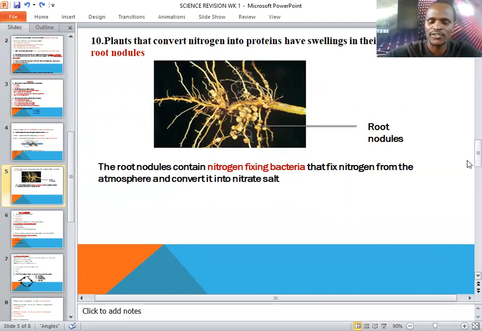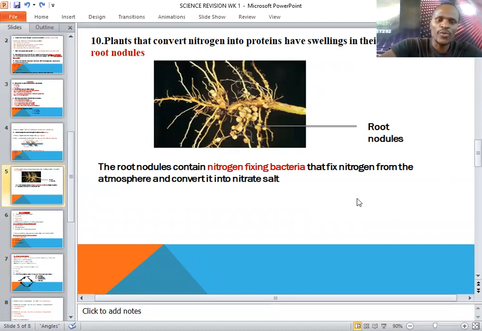And then this nitrogen is converted into what is called nitrate salt, and this nitrate salt is used by these plants as their food. So you're supposed to write the answer there as the root nodules. So that was on Tuesday.